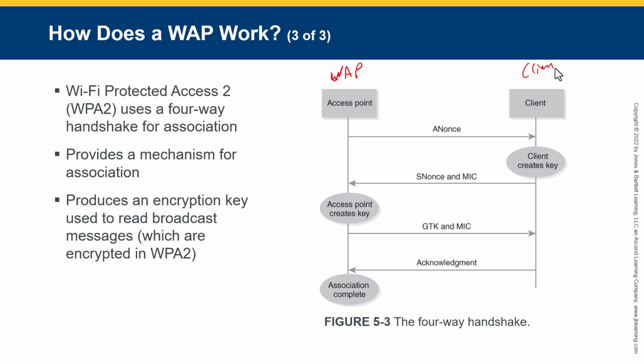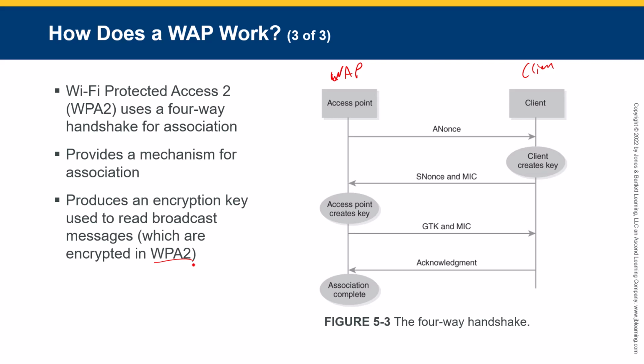The access point will now take that and include its key and will return both a GTK, group temporal key, and a MIC back to the client. The client, if allowing, will acknowledge and then associate itself with that access point. And that is true for WPA2. So this is assuming that the access point is actually working with that level of protection.